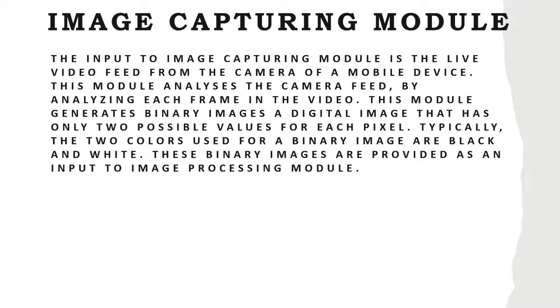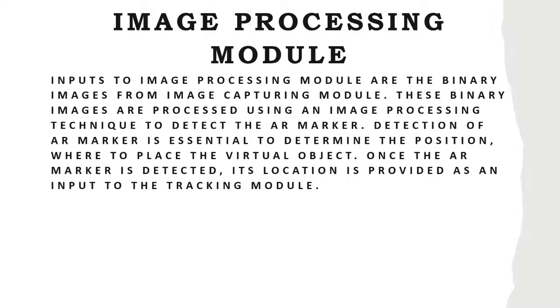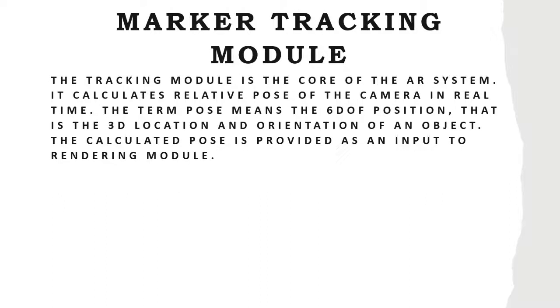Again, the same definitions. The image capturing module takes the images and breaks them down frame by frame. Then there is the image processing module, where the detection, or you could say the recognition, techniques are applied. Then in the marker tracking module, the position is calculated and feature points are provided.